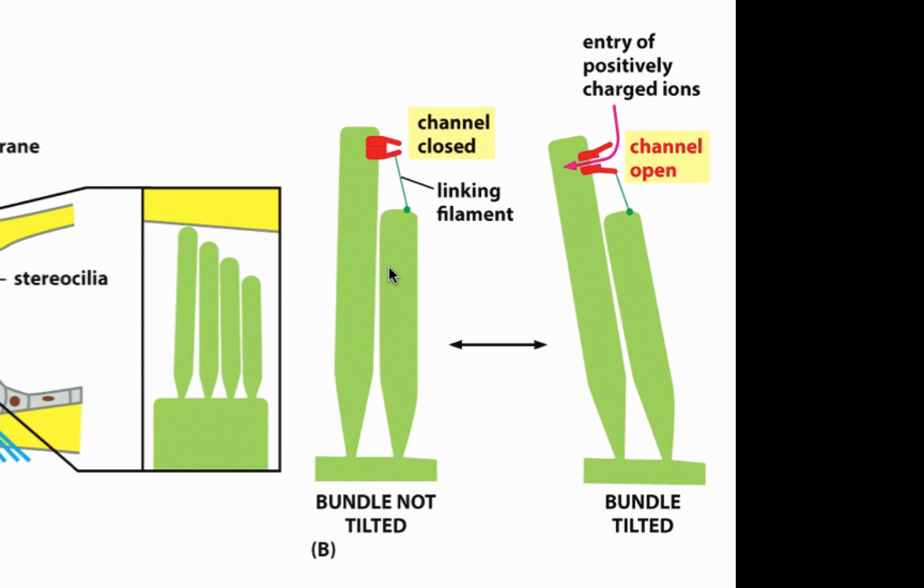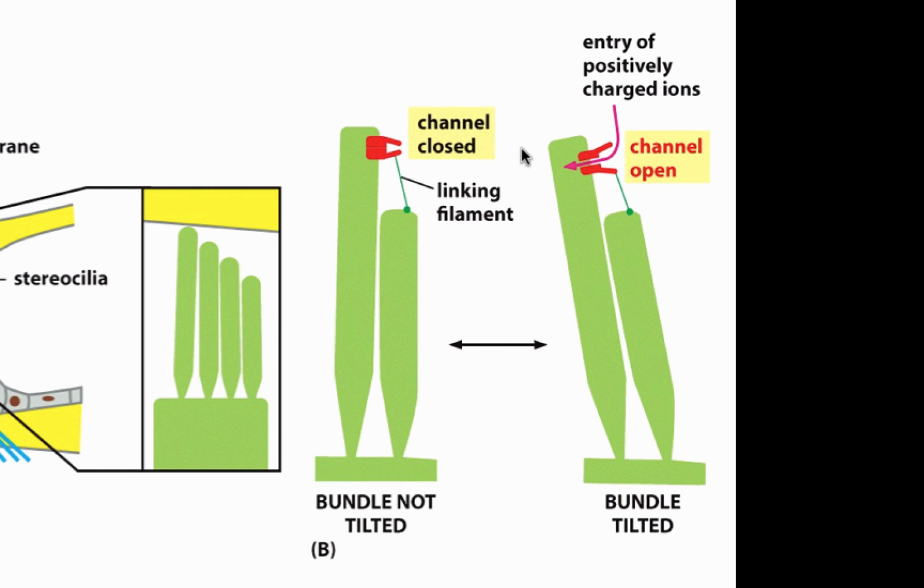So whenever there is a sound wave that goes inside the ear, that is going to force the bundle to tilt to an angle, in this case to the left, and that tilting results in the linking filament from one of the stereocilia inducing a force on the closed channel, forcing a conformational change that is going to allow the entry of ions through the membrane.